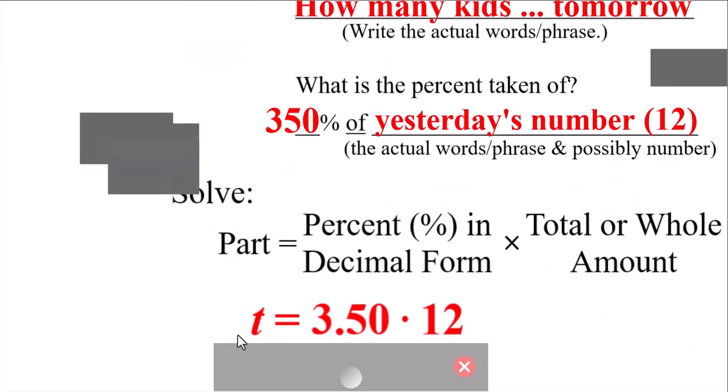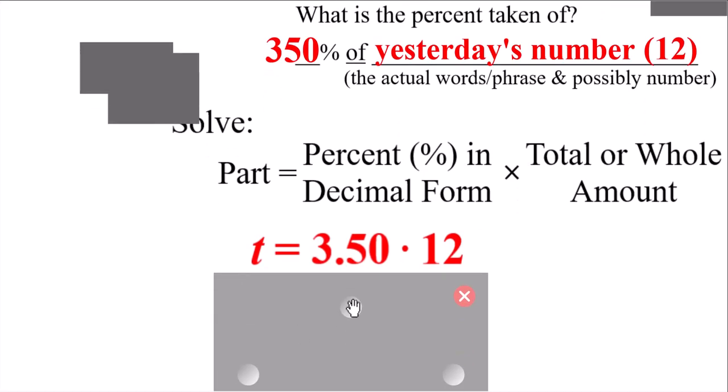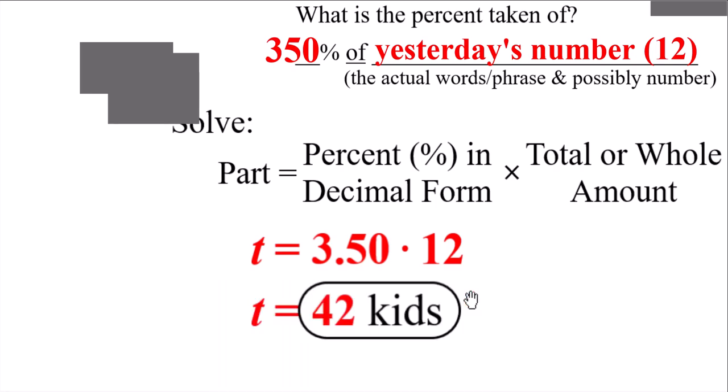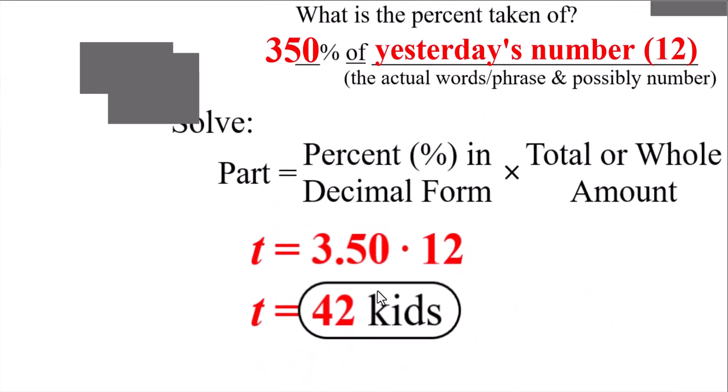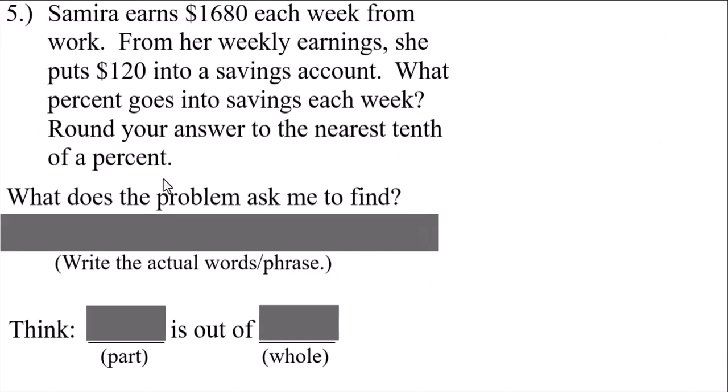I chose T for tomorrow. I don't really care what letter you picked, but the unknown is the part. So kind of like problem number 1, you're just going to multiply. You're going to get 42 kids. And does this answer make sense? Well, the coach wants it to be 350% of yesterday's number. So yeah, tomorrow should be bigger than yesterday. And 42 is bigger than yesterday's number of 12. This makes sense.